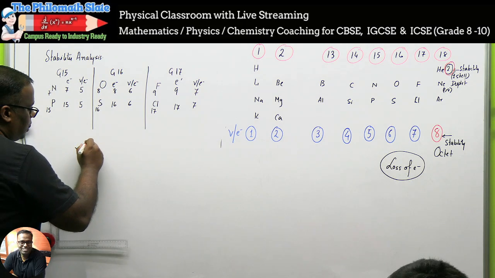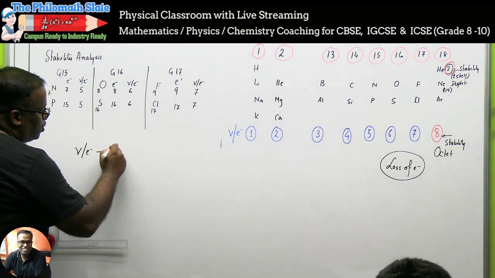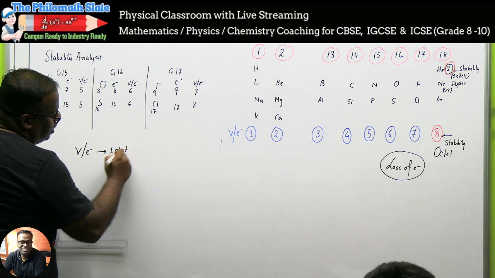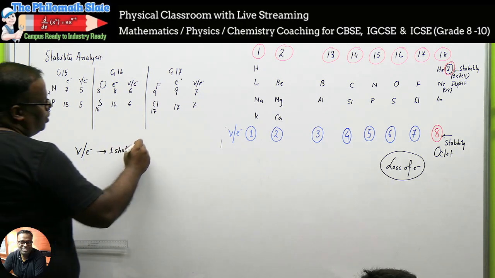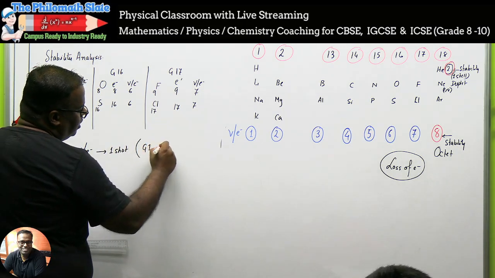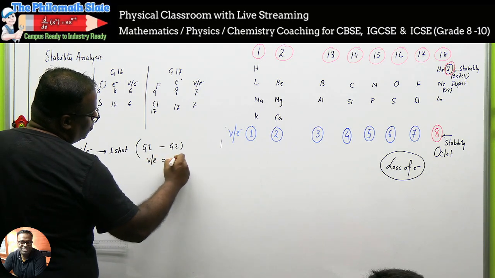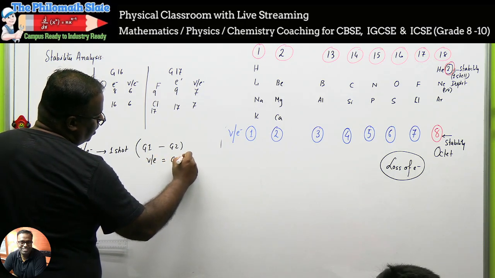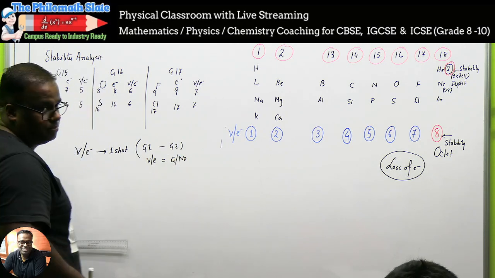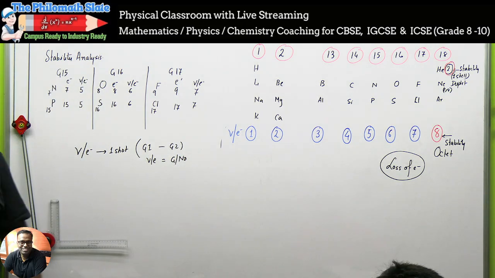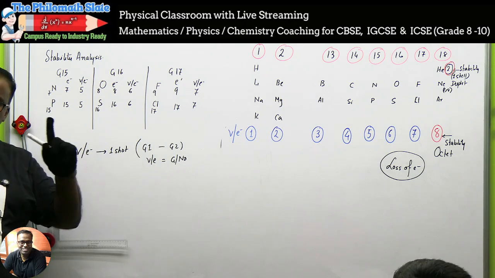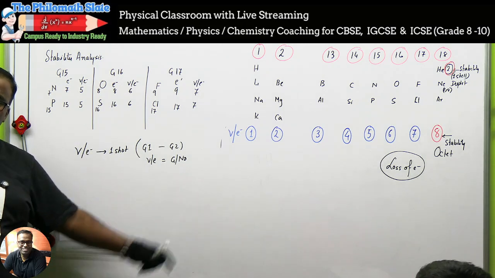How to get the valence electron in one shot? The formula for valence electron in one shot: for G1 and G2, valence electron is equal to group number. Think about it, group 1 valence electron 1, group 2 valence electron 2.